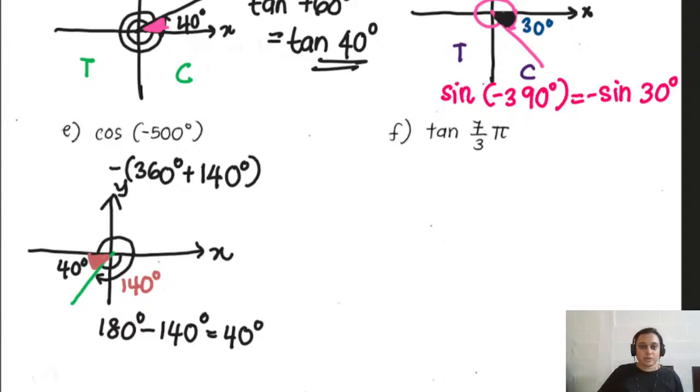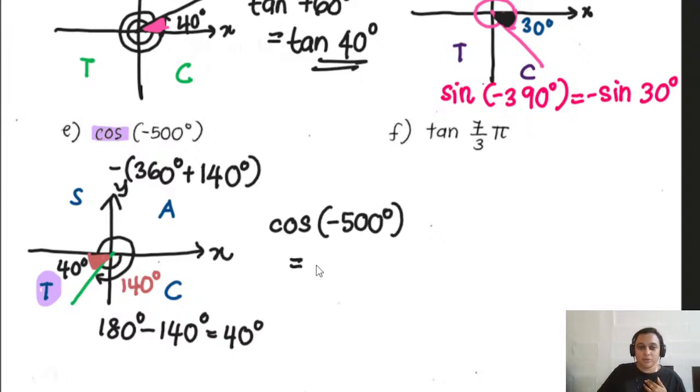Okay, now all science teachers crazy. So dekat sini tangent sahaja yang positif kan? Tapi kita punya ialah cos. Ours is cos. So cos negative 500 is equal to negative cos 40.